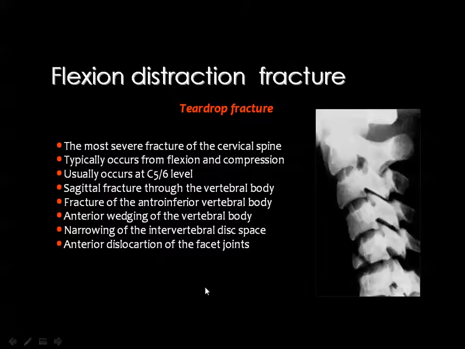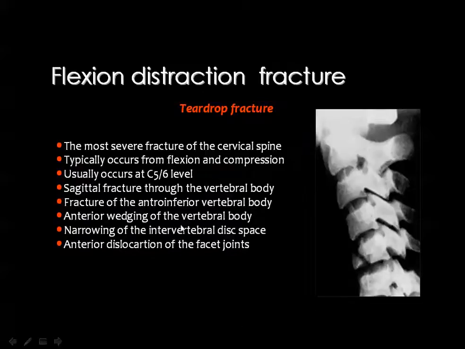And this is one of the severe injuries of the cervical spine, especially the flexion type. This occurs commonly at C5-6 level, and it involves the presence of a sagittal fracture through the vertebral body and a fracture of the anteroinferior aspect of the vertebral body, which is known as the teardrop, and hence the name.